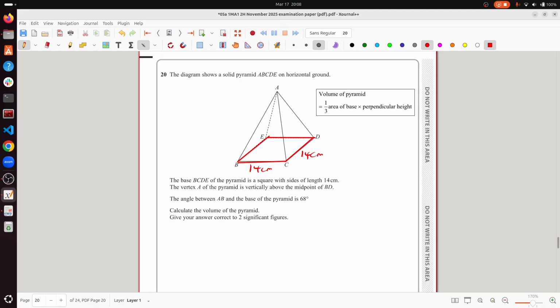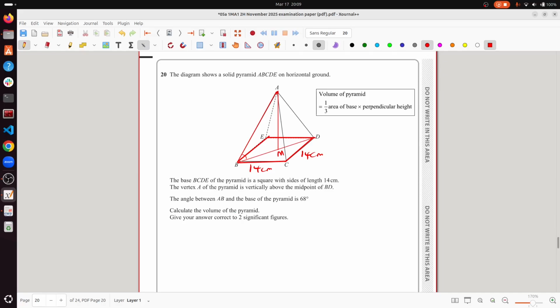The vertex A of the pyramid is vertically above the midpoint of BD. Let's call it midpoint M. The angle between AB and the base of the pyramid is 68. Calculate the volume of the pyramid. Give your answer correct to two significant figures.